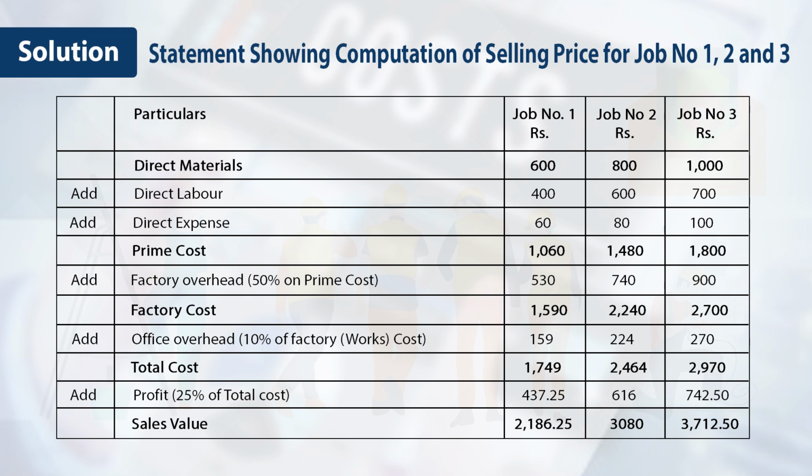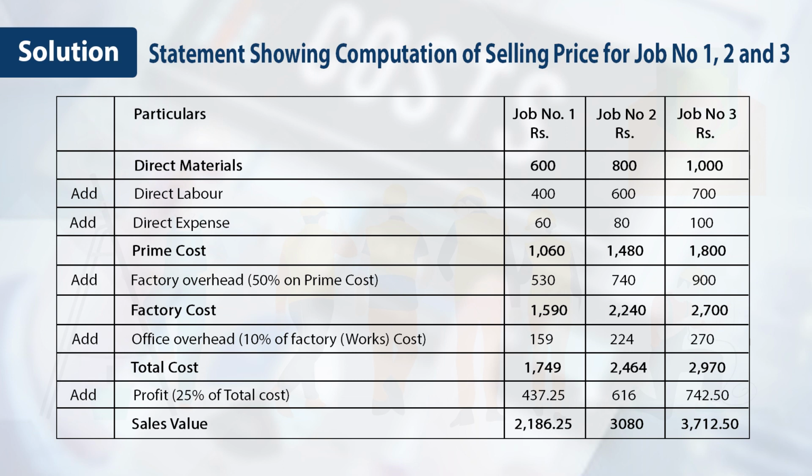In that add factory overhead which is 50% of prime cost and amount comes to 530 for job number 1, 740 for job number 2 and 900 for job number 3. It will give us factory cost of rupees 1590 for job 1, 2240 for job 2 and 2700 for job number 3.